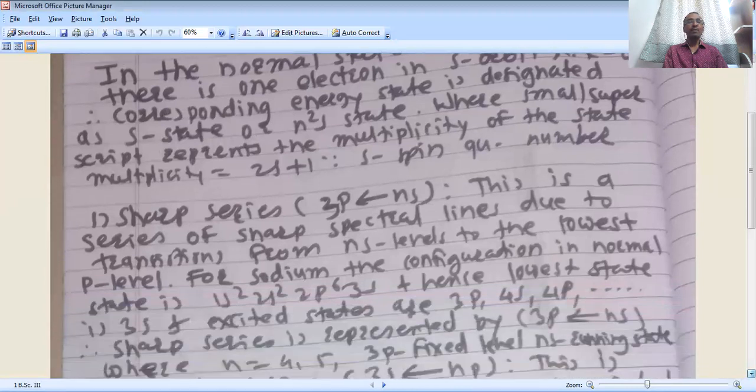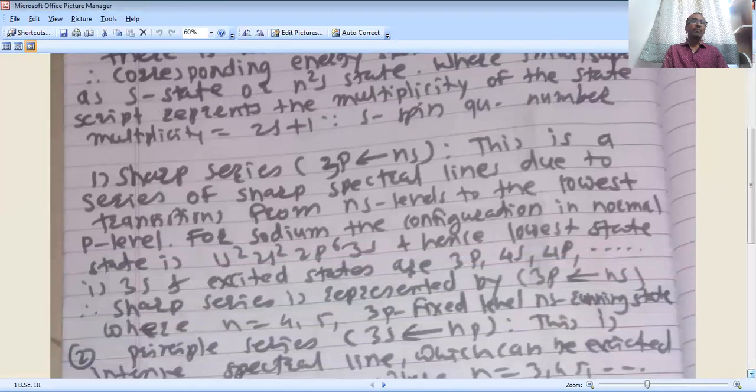Now we are going to optical spectral series. First series, sharp series. The transitions from nS to 3P. This is a series of sharp spectral lines due to transition from nS level to the lowest P level.